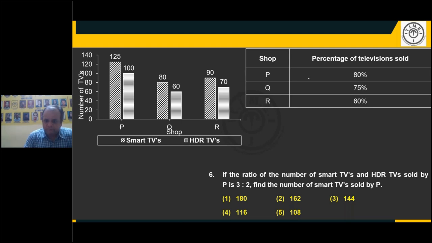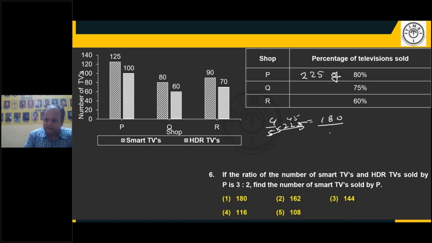If the ratio of the number of smart TVs and SDR TVs sold by P is 3:2, find the number of smart TVs sold by P. This is a very simple question. We know the total sales of P is 225, and out of that 80% is sold. So 80% is 4 by 5 of 225, right? So this comes out to be 180.